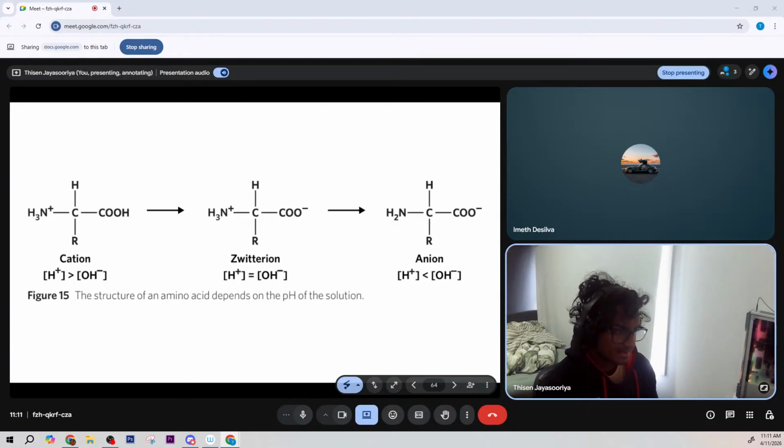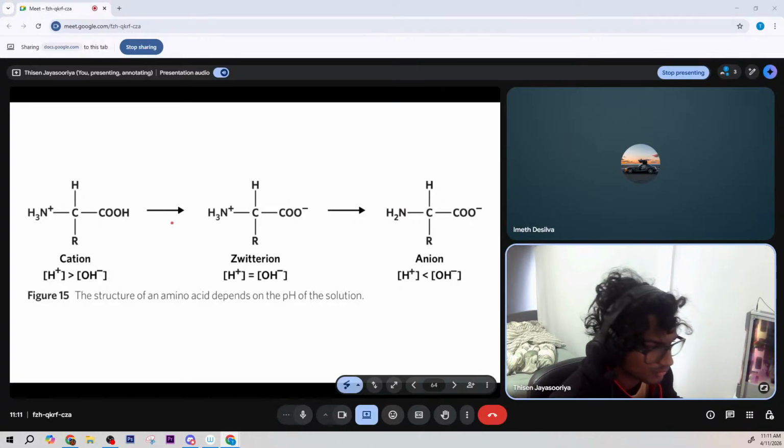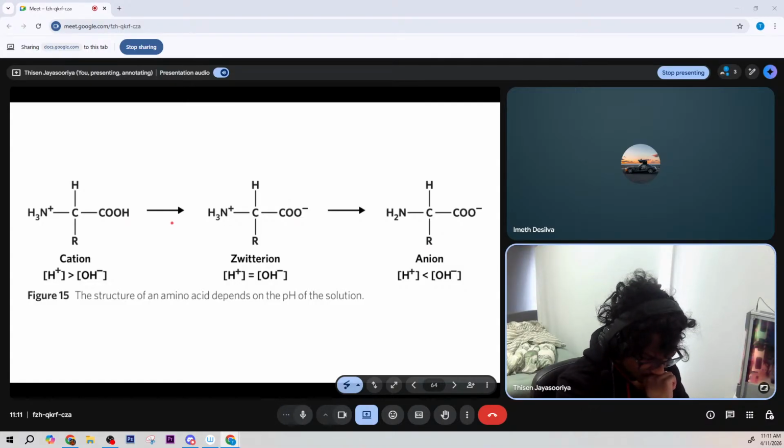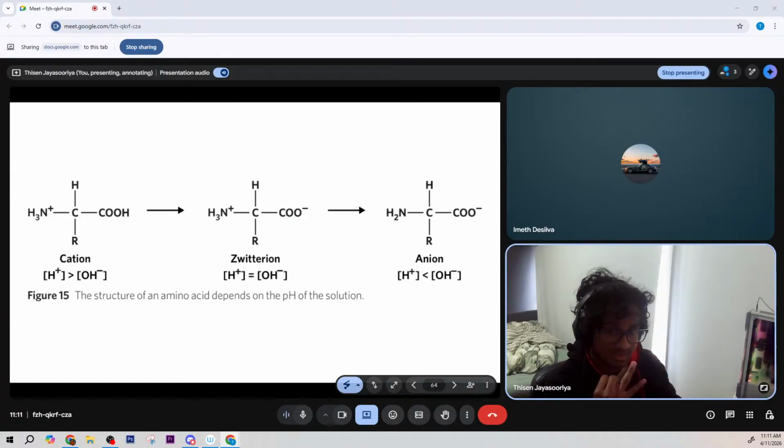So here's the idea of the Zwitter ion. As I said before, we have three types of amino acids that we need to deal with in the VCE: the basic amino acid, the acidic amino acid, and the neutral amino acids.